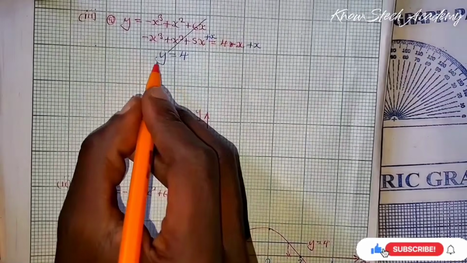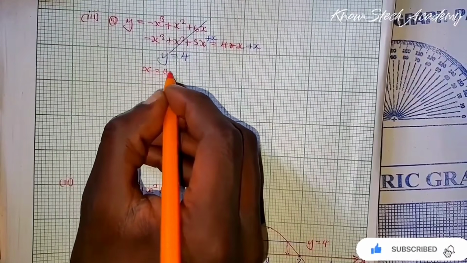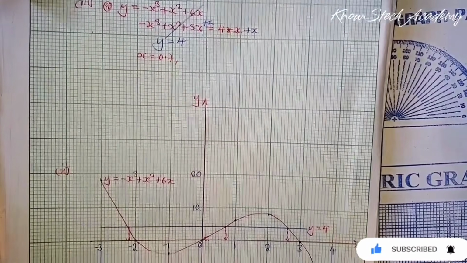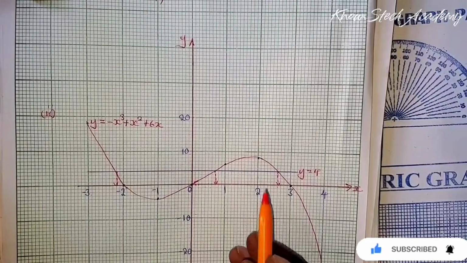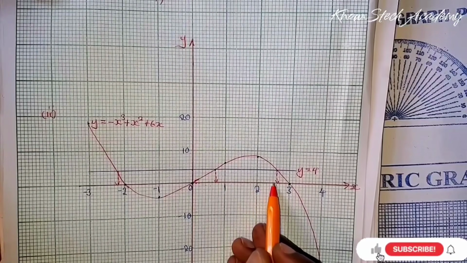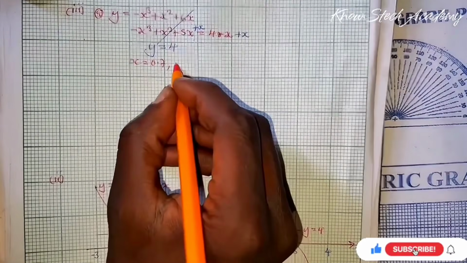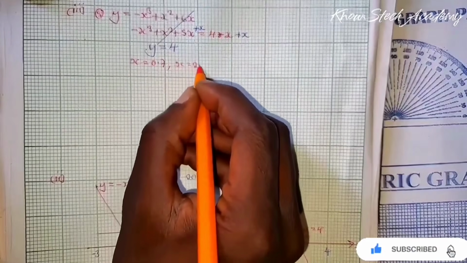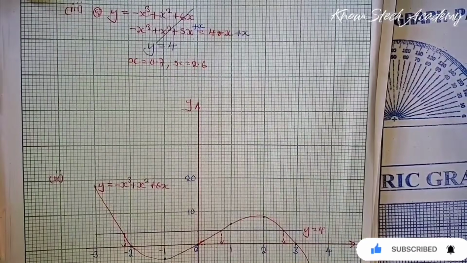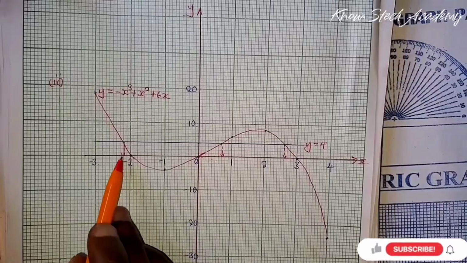So you can write here, when y is 4, x is 0.7. What about here? This is 2, 2.1, 2.2, 2.3, 2.4, 2.5, 2.6. So another answer is 2.6. x equals 2.6. Next is this one here.